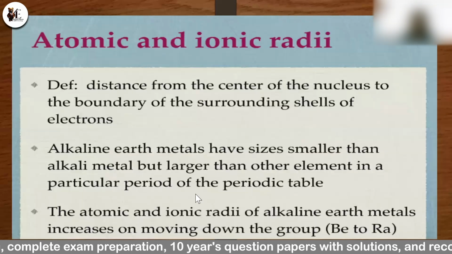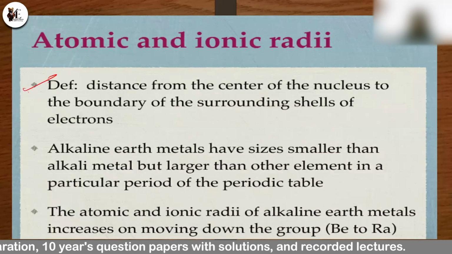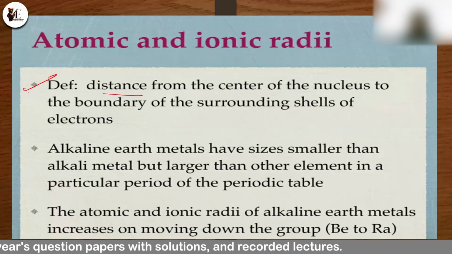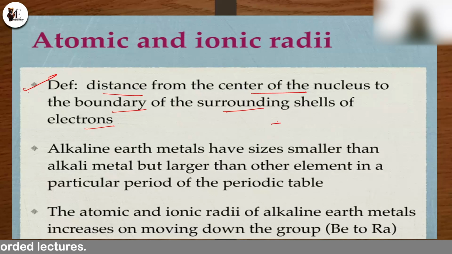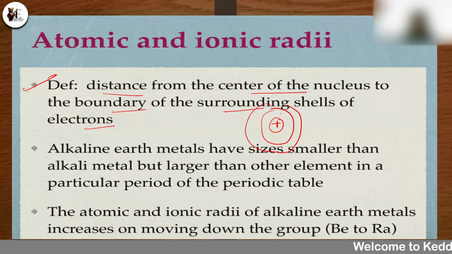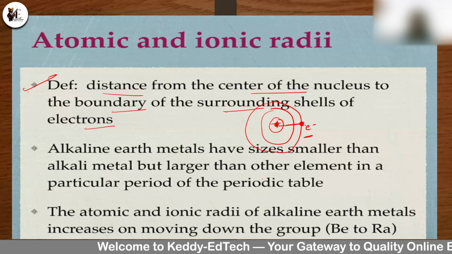So now the next thing in the physical properties is your atomic and ionic radii. What is atomic radius? The distance from the center of the nucleus to the boundary of the surrounding shells of electrons is called the atomic radius. This is the nucleus, which is positively charged, and these are my electron shells. The distance from the center of the nucleus to the outermost shell is called the atomic radius.